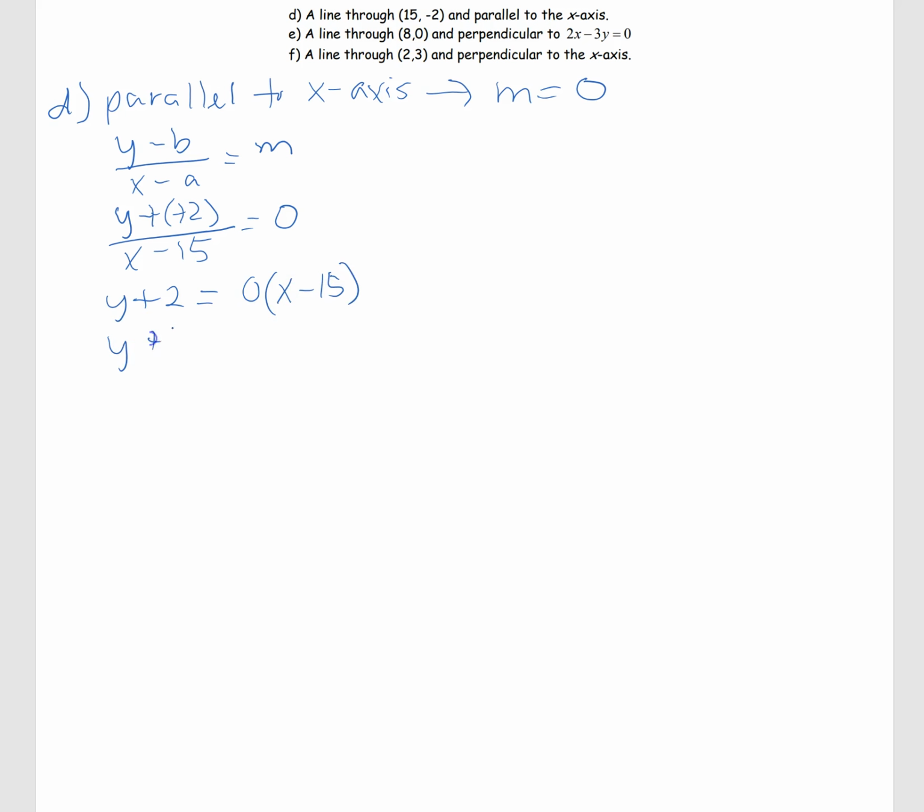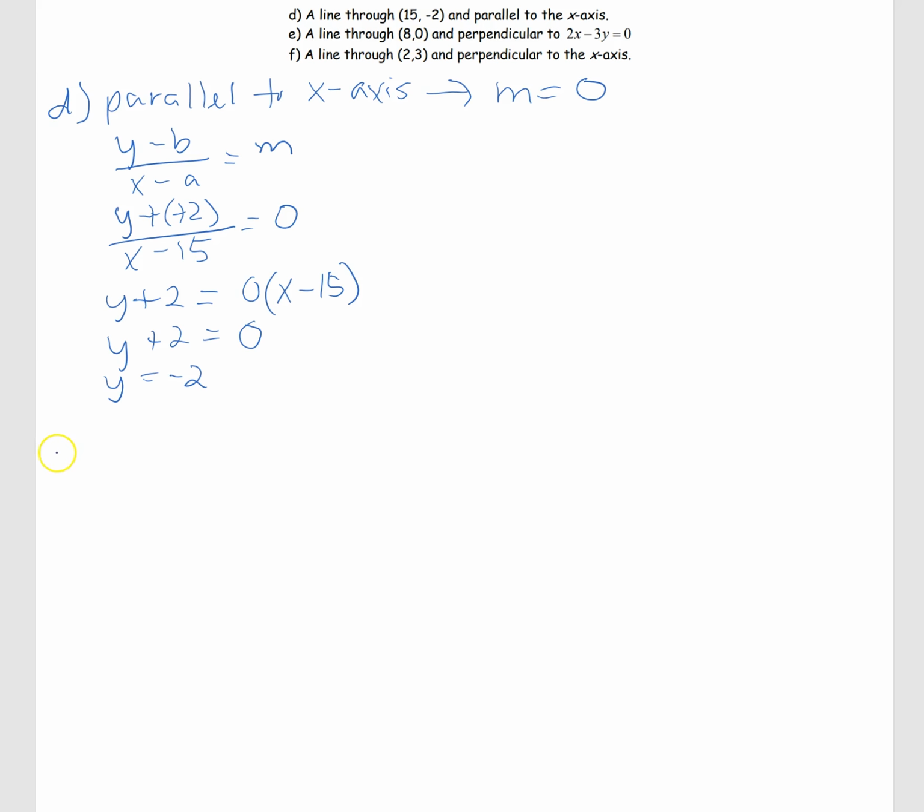And so that's going to just be 0 on the right side of the equation, which gives me, if I subtract 2 on both sides, y equals -2. So since this line is horizontal, it's just y equals -2. For any value of x, y is going to be -2, and it's going to be a horizontal line.